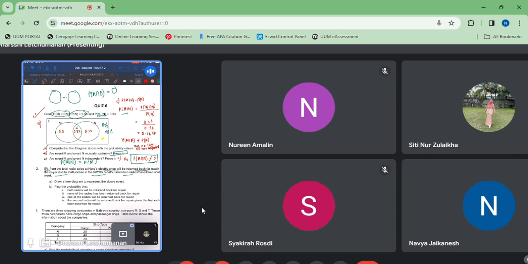P(M intersect N), they give already 0.3, over P(N), N also given 0.5. Then you'll get this answer. Is it the same as the probability of M? No, right? No. So, yeah, correct. So they are not independent. They are dependent according to the formula in the slides. Is it clear? Clear. Okay.